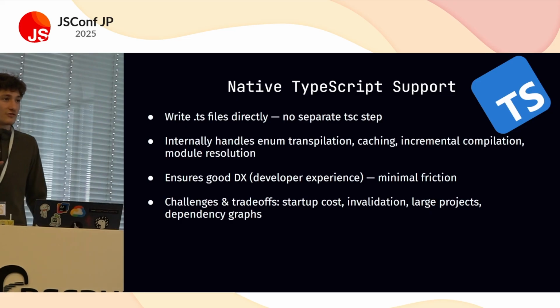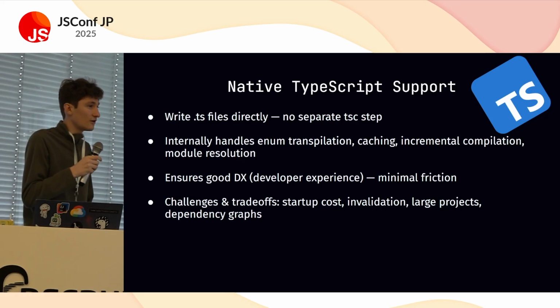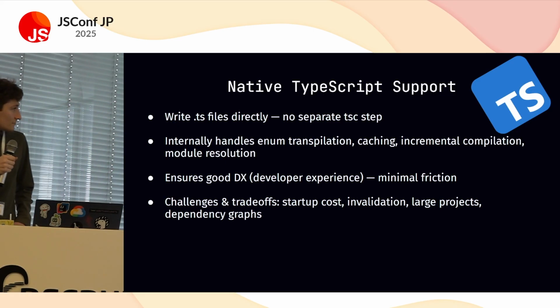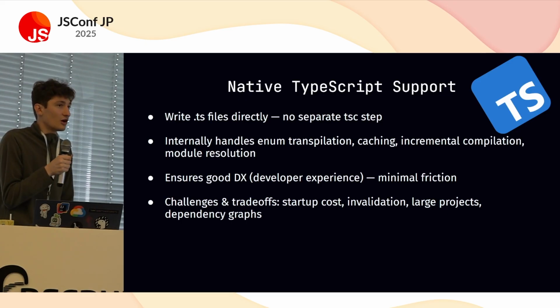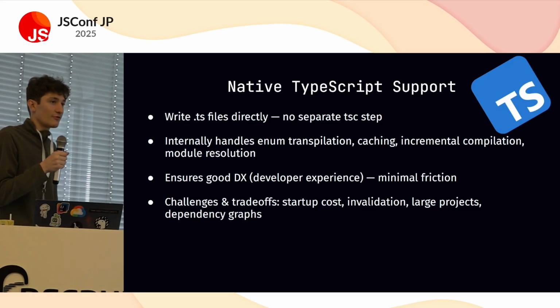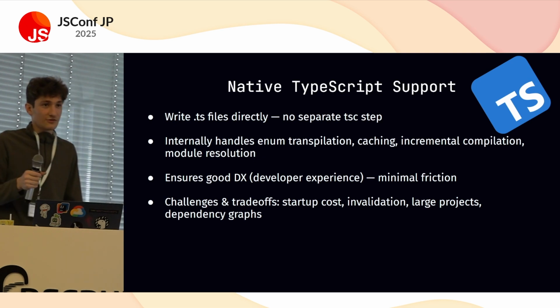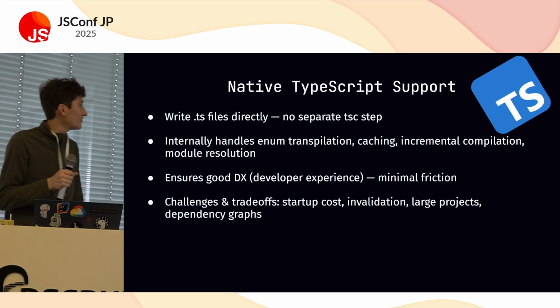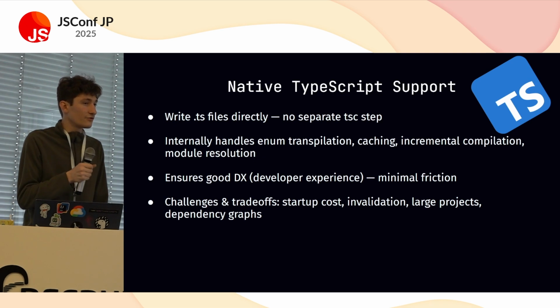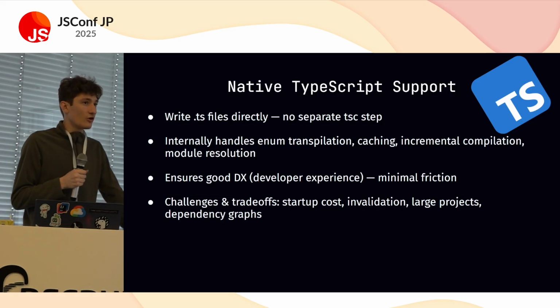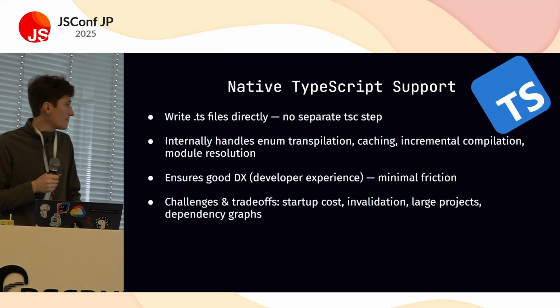It handles it as it would handle a const object at the moment. This ensures a good developer experience with minimal friction. There are far fewer configuration options for your TypeScript runtime, so it's a lot less difficult than running one version of TypeScript in another, since it all just handles TypeScript directly.